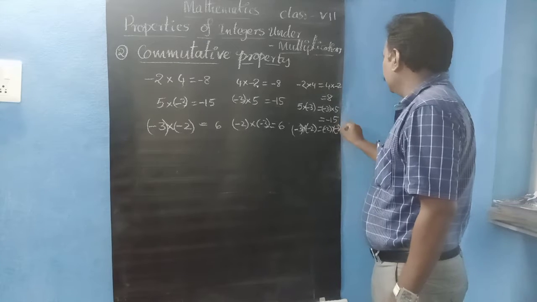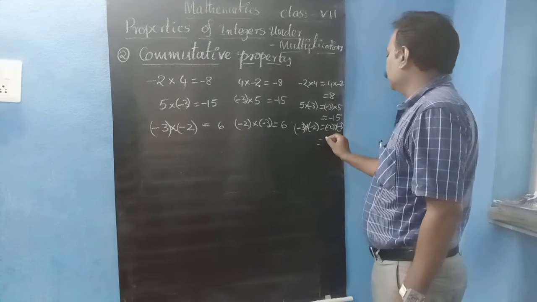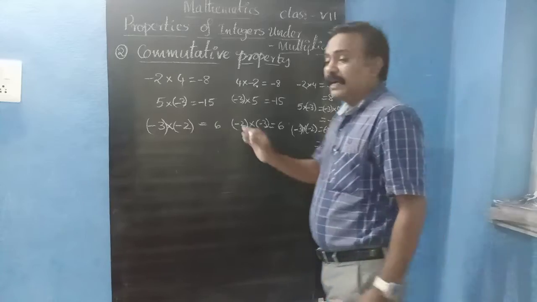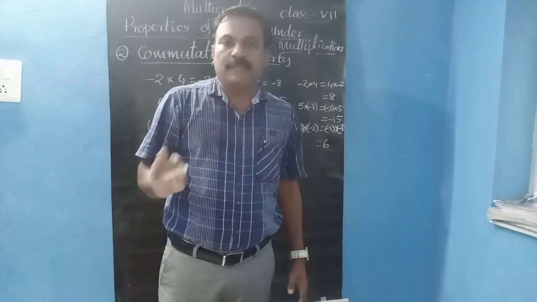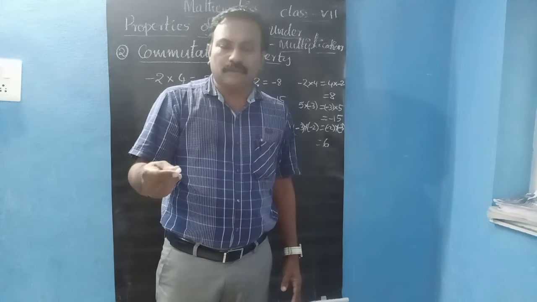So what is the conclusion we have to give? For any two integers a and b, a into b is equal to b into a.